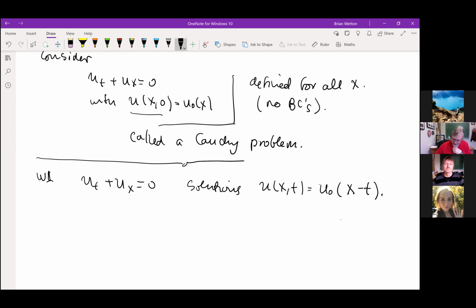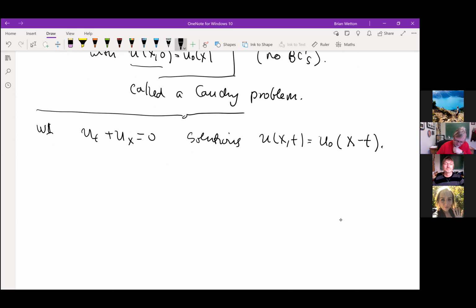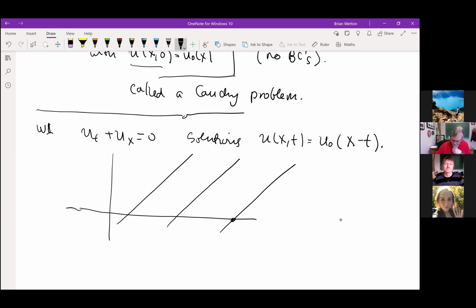Let's look at this a little bit differently. I'm going to look at these lines, which are lines in the xt plane. These are lines with slope 1.